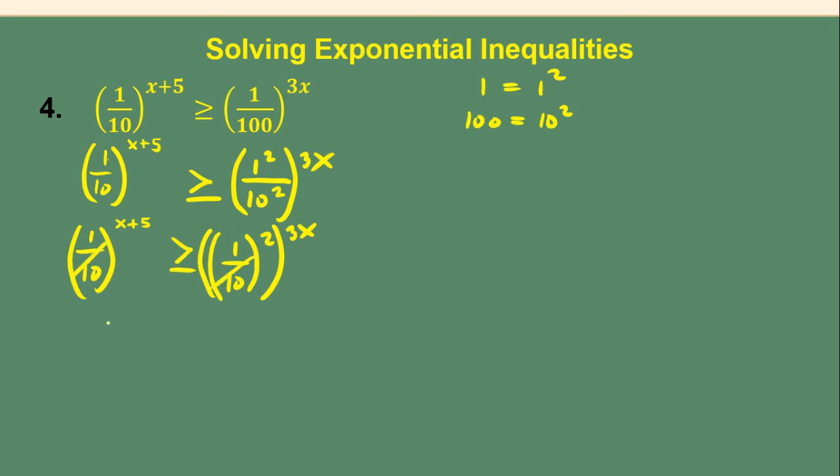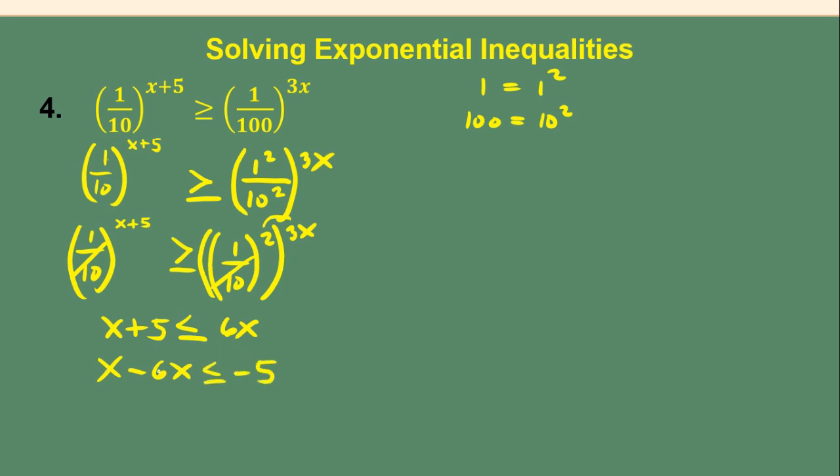So we have x plus 5 is less than or equal to 2 times 3x, which is 6x. Then combine like terms. So we have x, and 6x becomes negative 6x, is less than or equal to negative 5.